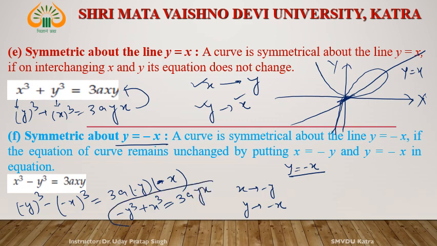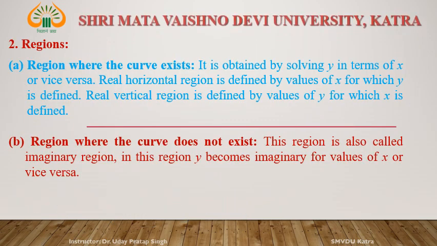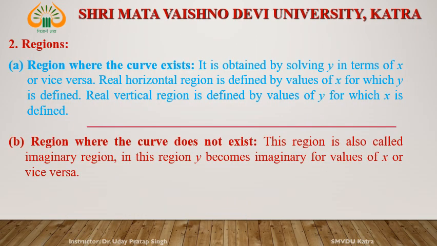This equation is the same as this equation. Then this curve is symmetric about y is equal to minus x. Now see the region where the curve exists.